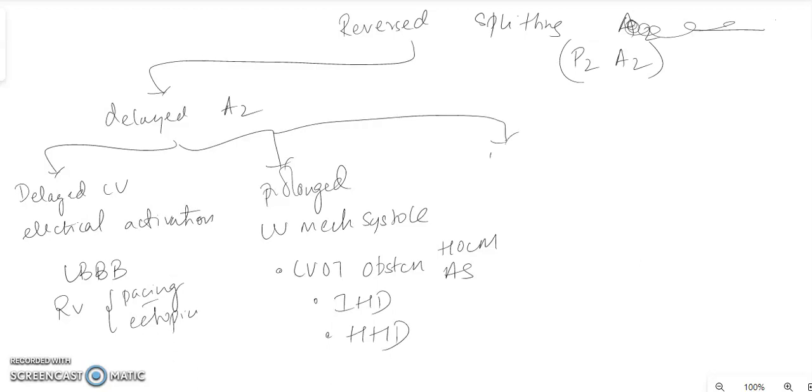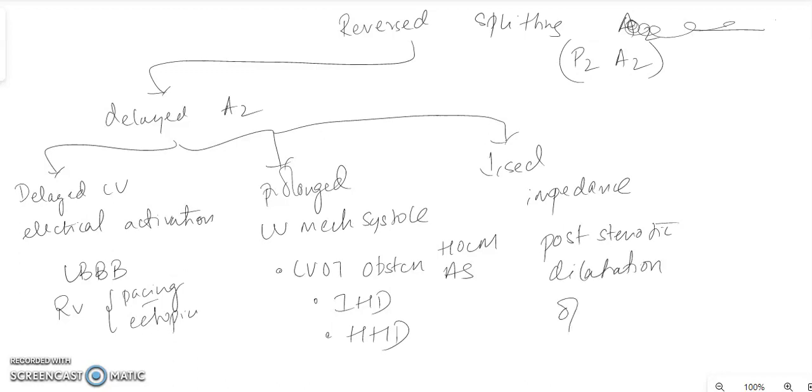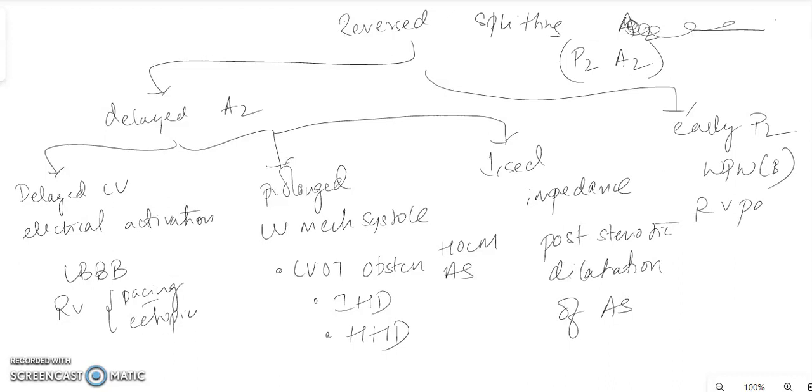Next, due to decreased impedance, seen in post-stenotic dilatation of aortic stenosis. Next, it might be due to early P2, seen in WPW type B and RV pacing.